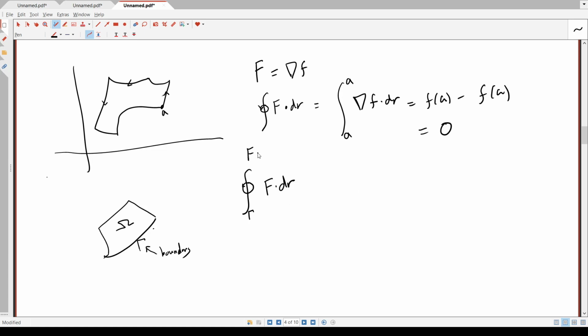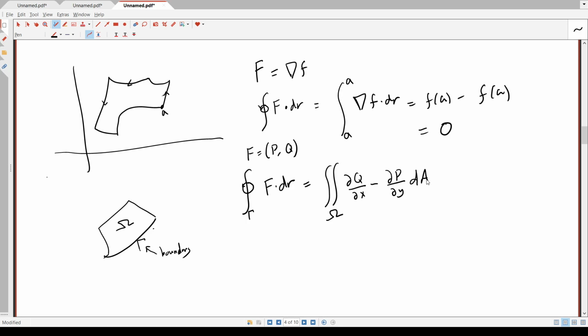let's write it this way: F equals P Q. This is going to be the integral over my domain of dQ/dx minus dP/dy dA.